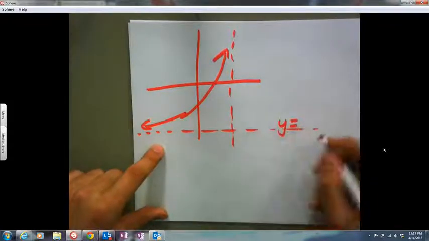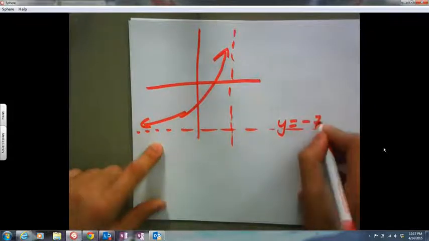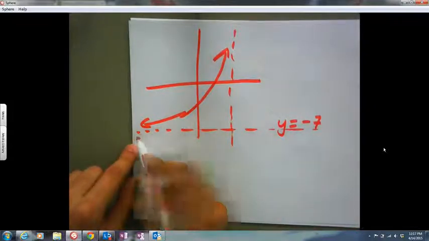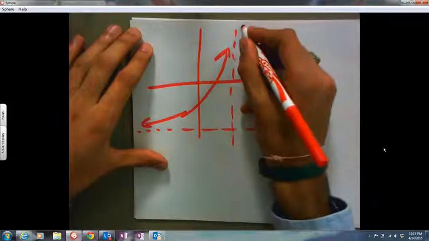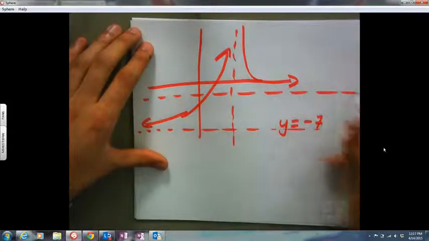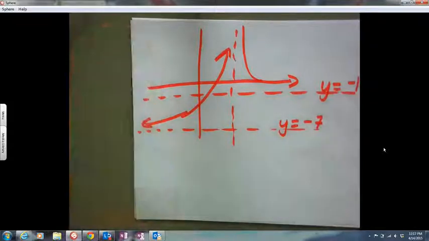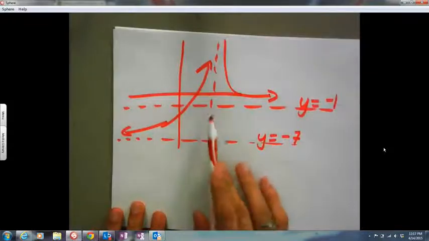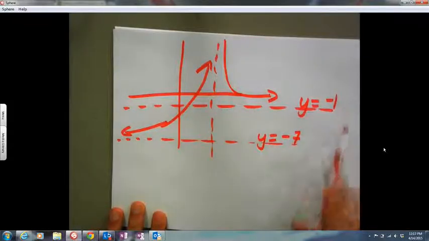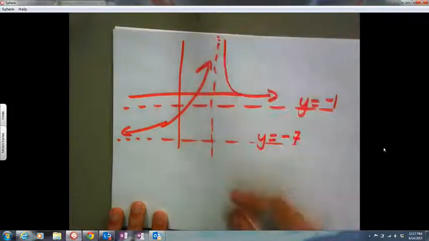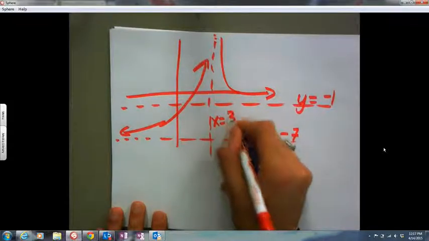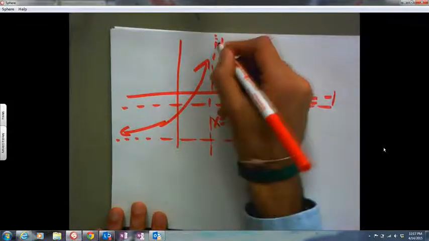Then you have this picture going on here. You have another horizontal asymptote at maybe y equals -1, because that's what's happening as x goes to positive infinity. And then you have a vertical asymptote at x equals 3, because the limit from the left is positive infinity and the limit from the right is positive infinity.